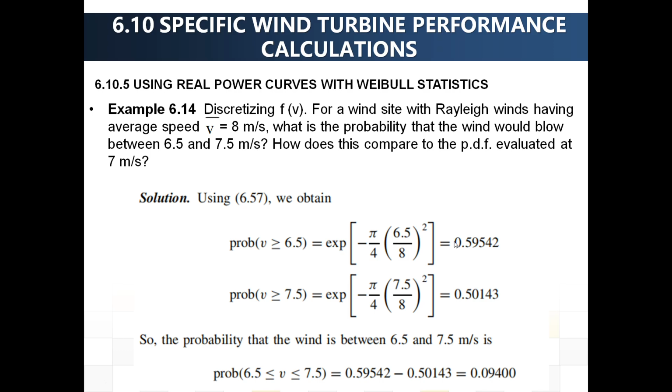The probability that V is above 7.5 is equal to 0.50143. So the probability that the wind is between 6.5 and 7.5 is the difference of these two, which is equal to 0.094.